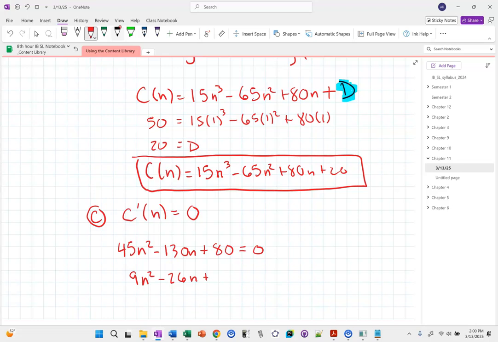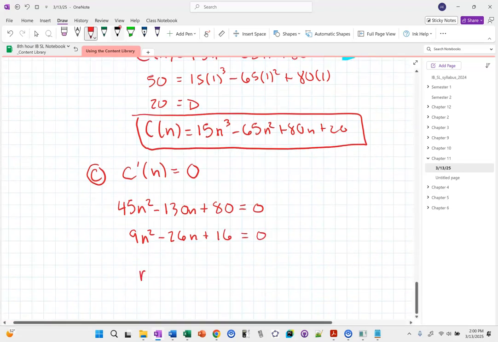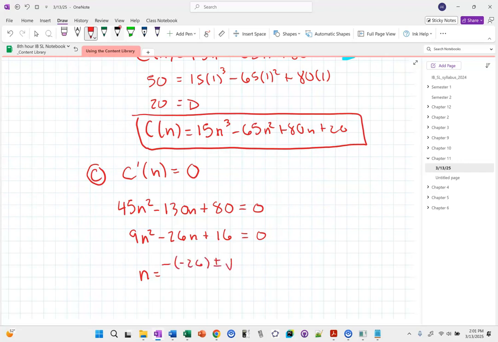26, and then, yep. This part gives me 676 minus 576, so that's 100.